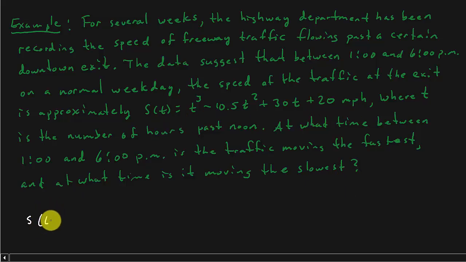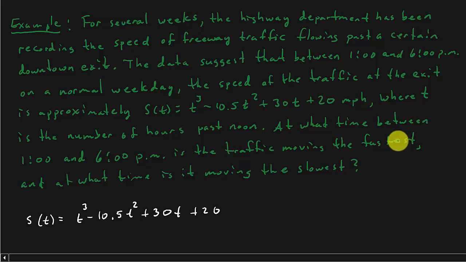So that gives us S of t equals t cubed minus 10.5 t squared plus 30t plus 20, where t is the number of hours past noon. So past noon, however many hours you are past 12 o'clock.